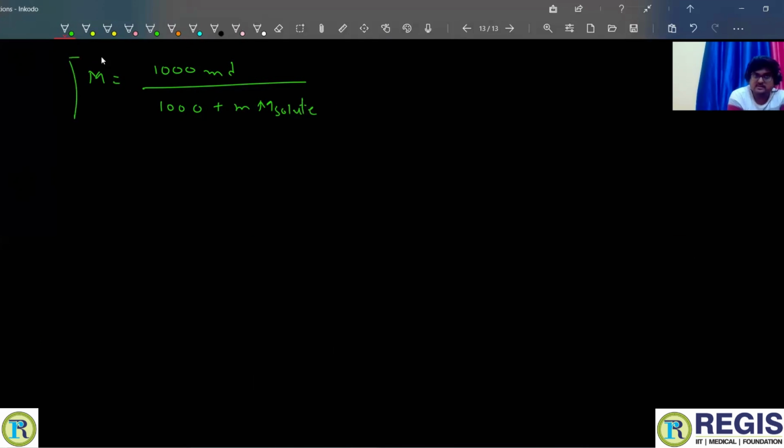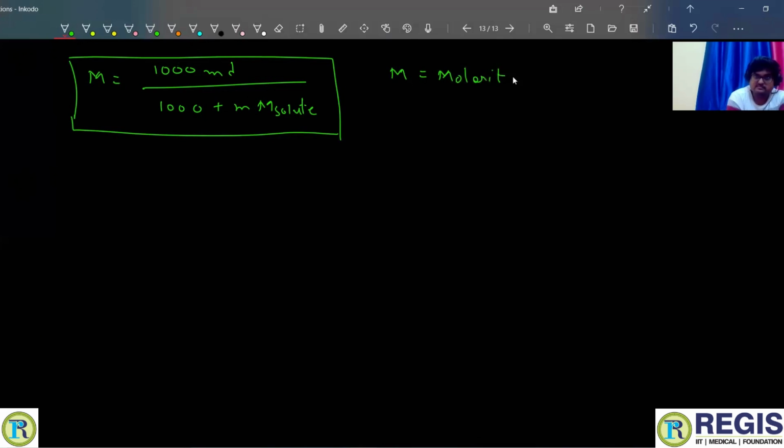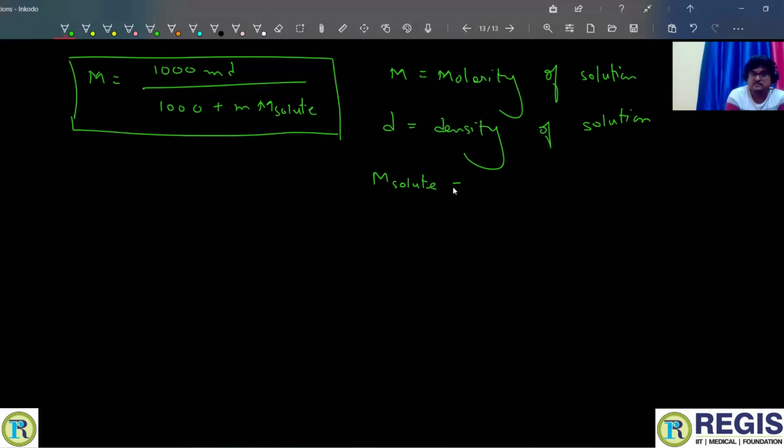Okay, this is the second formula, where M is basically the molarity of solution, D represents the density of solution, and M solute represents the molar mass of solute.